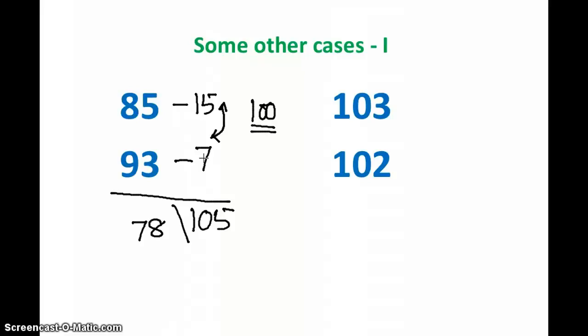But we have a case where the number has more than 2 digits. Then what should we do? We should carry this number forward to the left side, as we do in normal addition. So the 1 comes to this side, this becomes 79 and the right side becomes 05. So now the answer is correct.